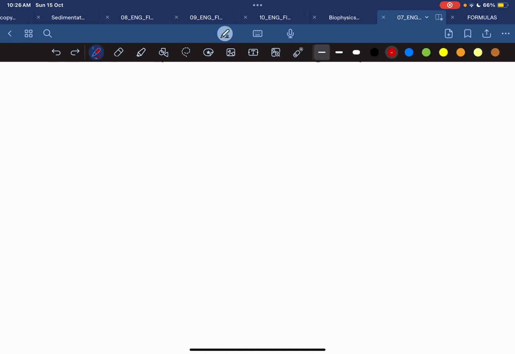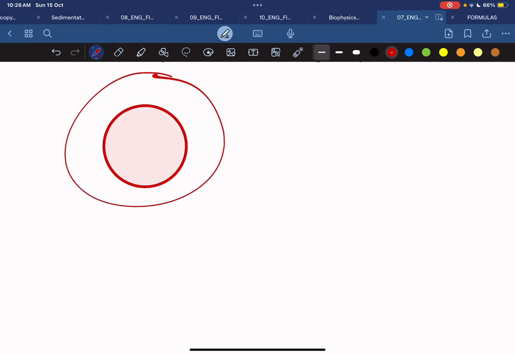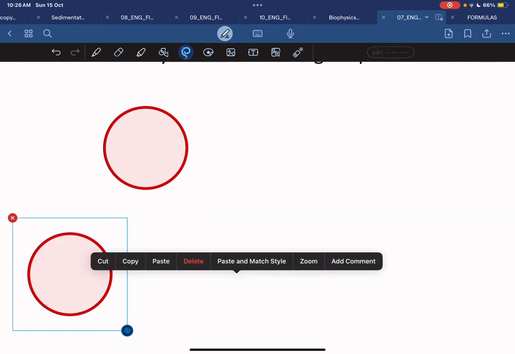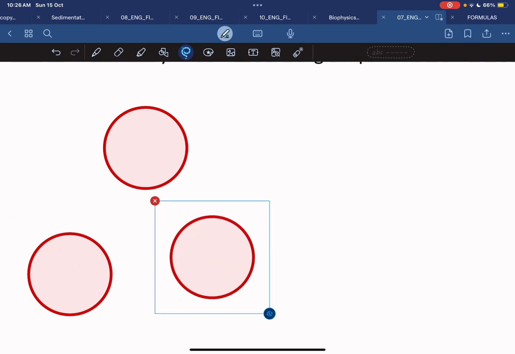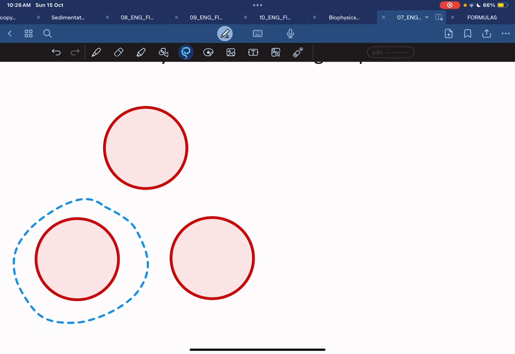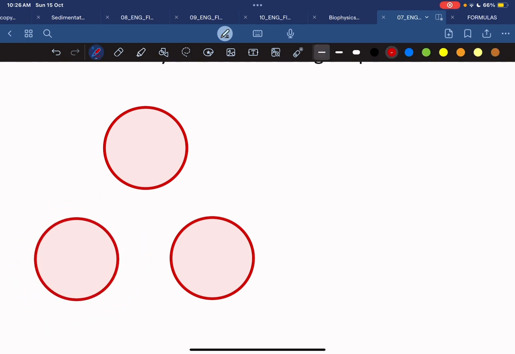Now, let me draw this. I'll just copy paste this one second, guys. Okay, that should be enough.